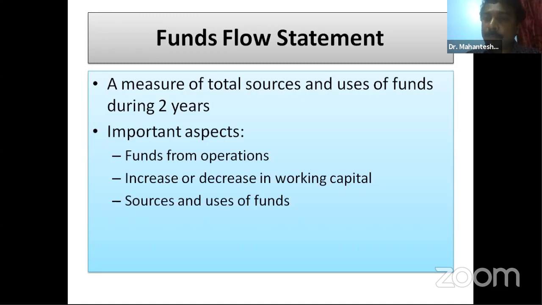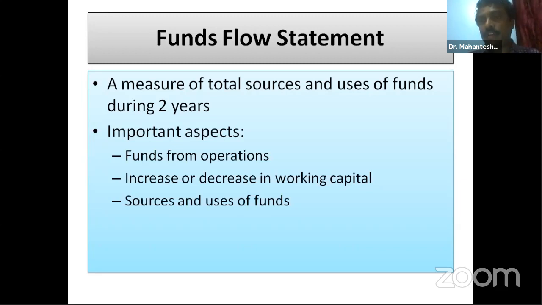So that net profit, the net profit shown by a P&L account, is a result of various items in the P&L account. Those various items include items from the core business activity and items from non-core business activity. Depreciation is a non-cash expense. Provision is a non-cash expense. Then loss on sale of shares is a non-core expense.